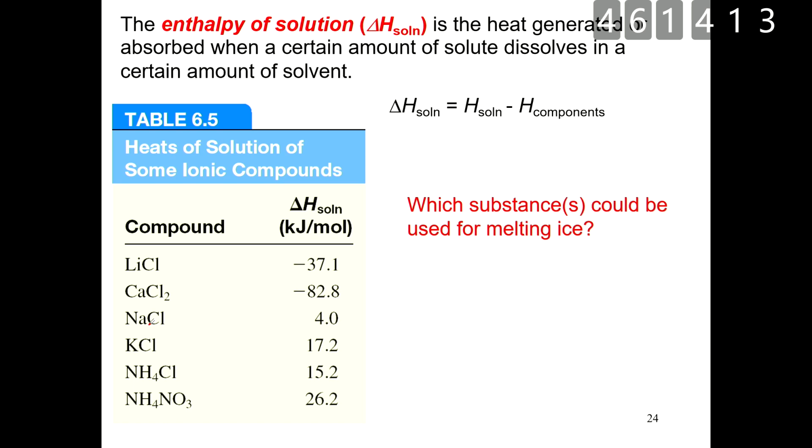What does this mean? We know for water, the freezing point is 0 degrees, right? So if there is some water on the road in the cold winter, when the temperature is 0 degrees, there will be some ice on the road, right? But if we put some sodium chloride on the road, the sodium chloride will dissolve in the water.